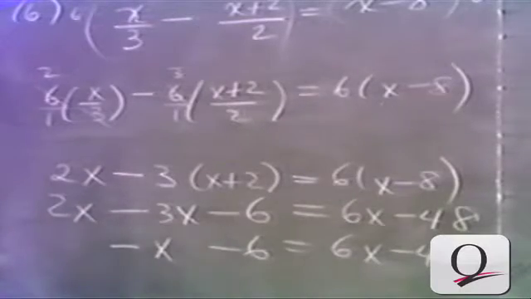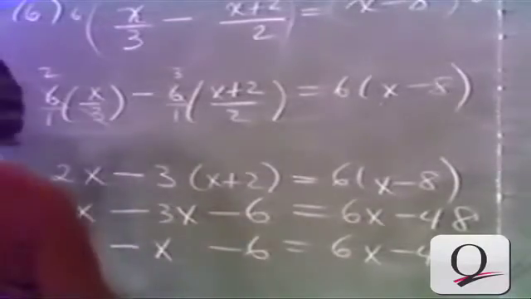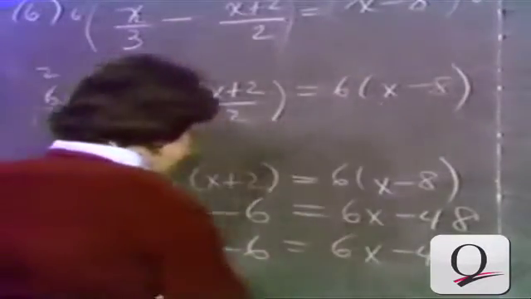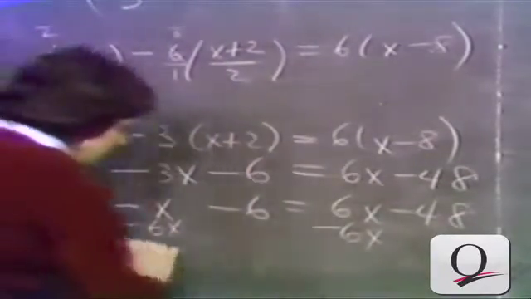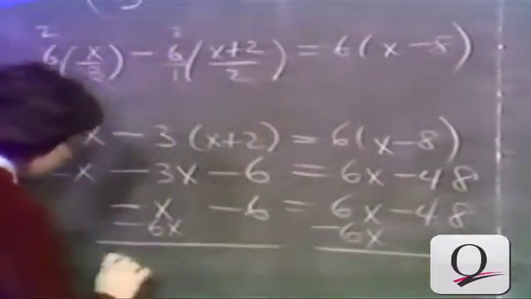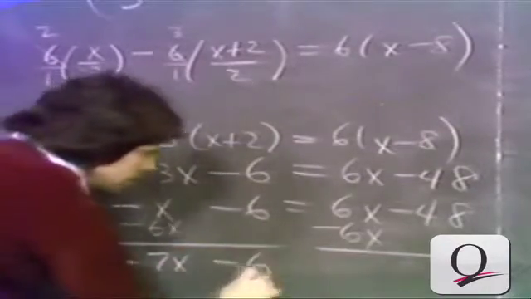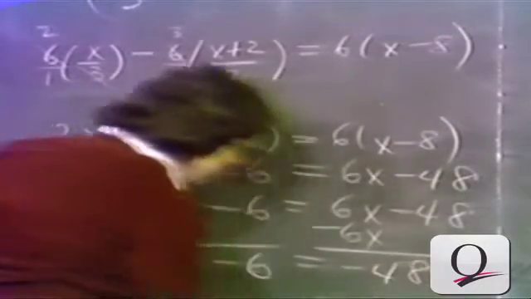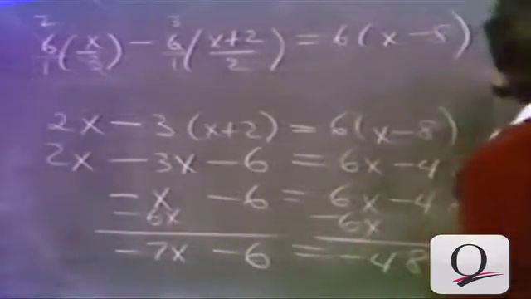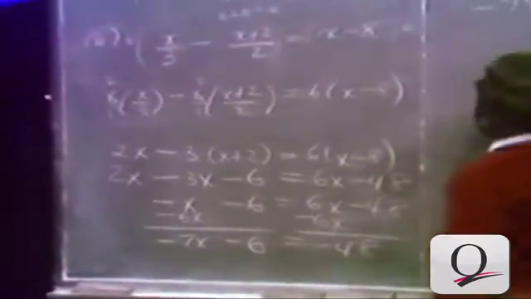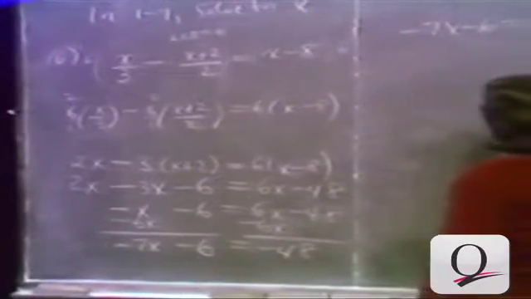Okay, it's a first-degree equation. We're going to try to get x alone on one side and constant on the other side. We can subtract 6x from both sides of the equation. Minus 7x minus 6 equals minus 48.